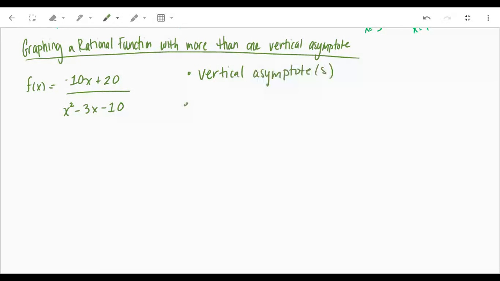They want the horizontal asymptote, and there will only be one of those. Okay. They want the intercepts, that's also plural. So your x-intercept and your y-intercept, or there could be more than one x, not more than one y. And then 1 point on each side of each vertical asymptote, okay?